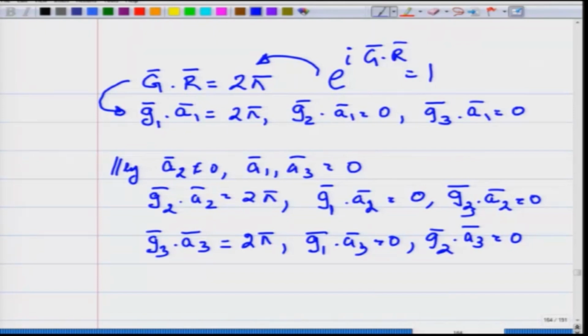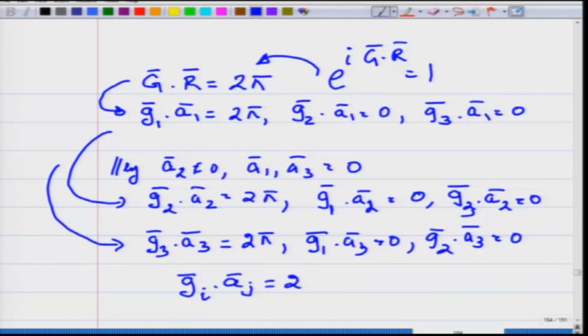In general, I can rewrite all these conditions as Gi dot Aj is 2 pi delta Ij, where delta Ij is equal to 0 for i not equal to j.